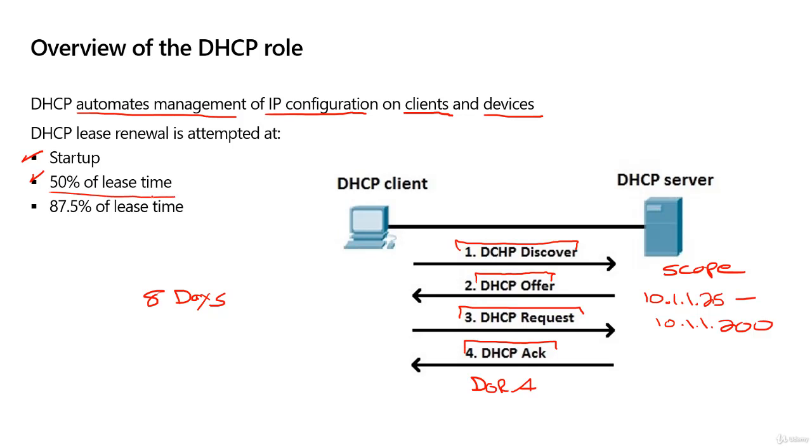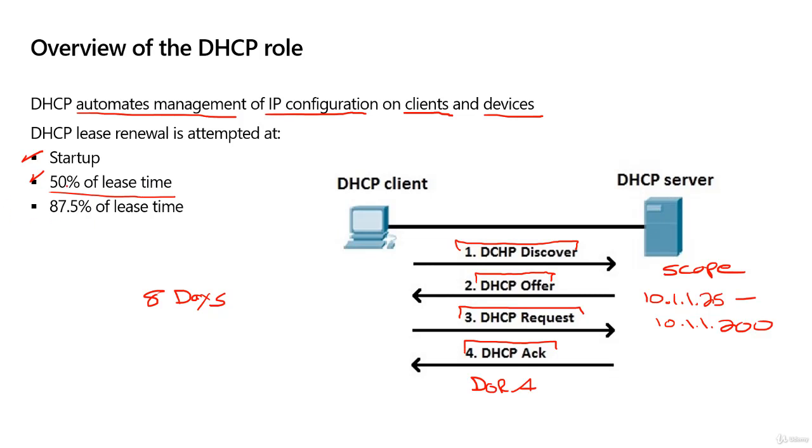So let's say you just don't cut your computer off for the week. You obtain an IP address. 4 days later, it's going to renew the same IP address. 4 days later, it's going to renew that same IP address again and again and again. And you'll just indefinitely keep the same IP address because it'll just keep renewing whenever it hits 50%. Or whenever you start up.